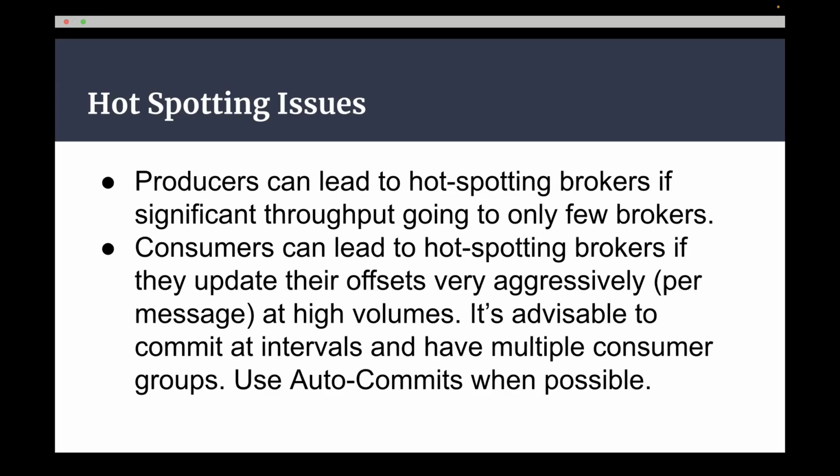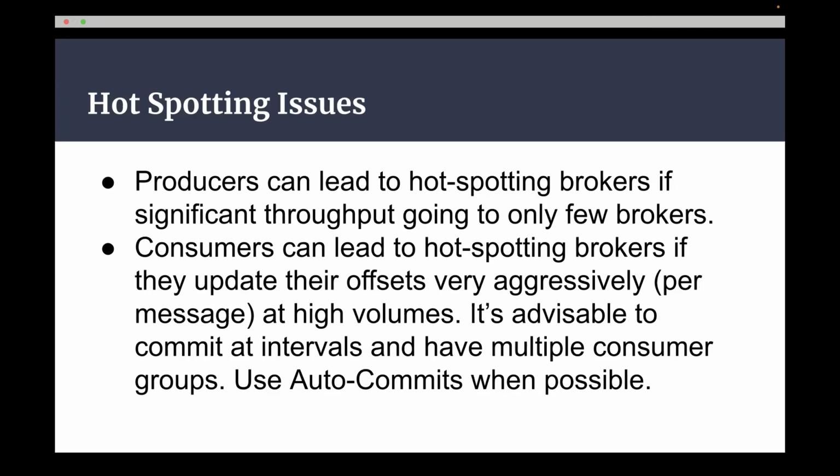The second point is a use case which is not very intuitive. Most Kafka clients at the consumer end provide auto commits as default. But some people, because of their use case, start doing manual commits.